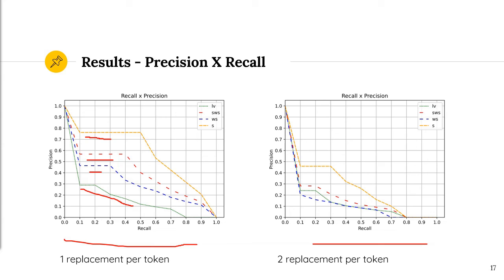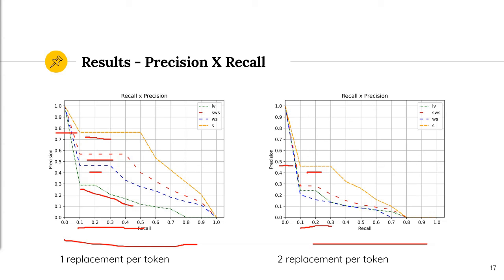As we can see on both graphics, the similarity function does best compared with the others, where with 1 replacement per token, it had almost 78% of precision for 10 to 50% of recall. And for 2 replacements per token, it had almost 46% of precision for 10 to 30% of recall.